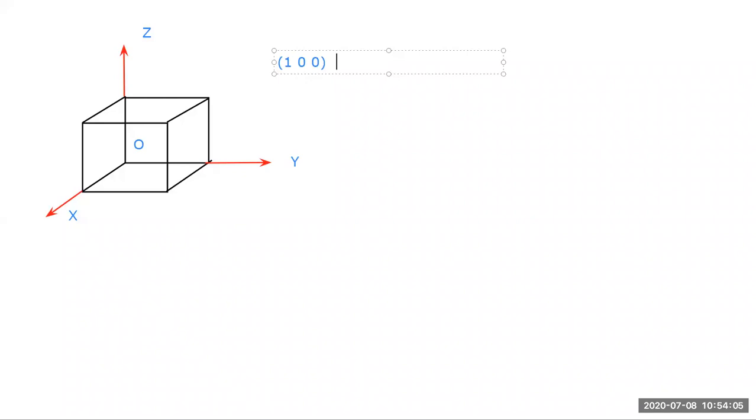This cubic structure has 6 sides, so 100 can be written again as 010, 001, then bar 100, 0 bar 10, 00 bar 1. All these sets of planes are inserted in these curly brackets. You have to remember this.